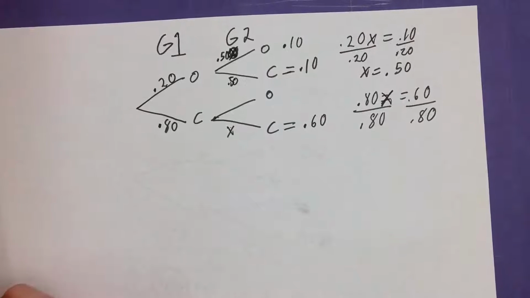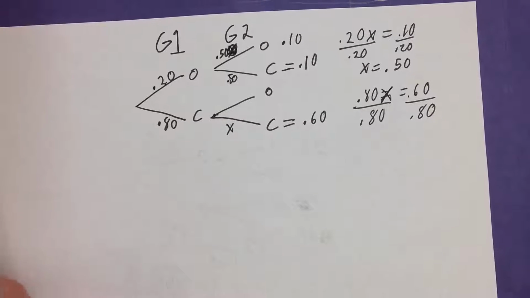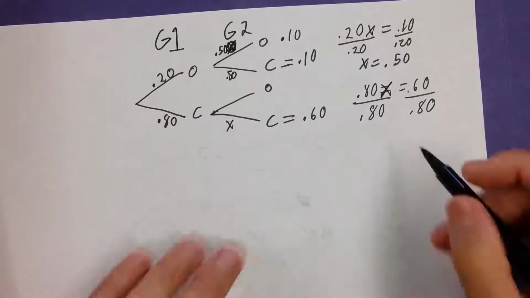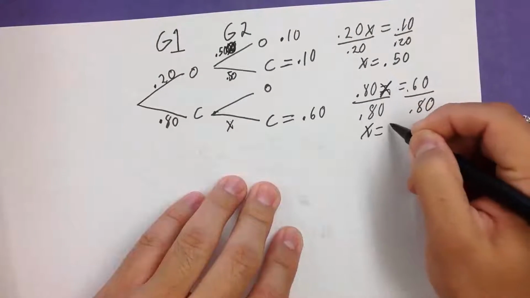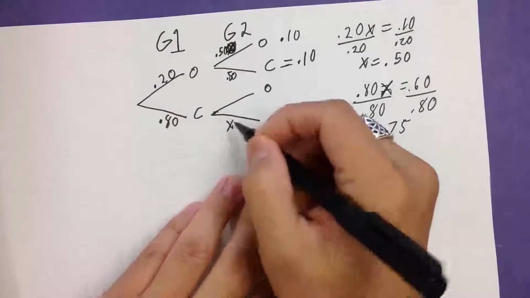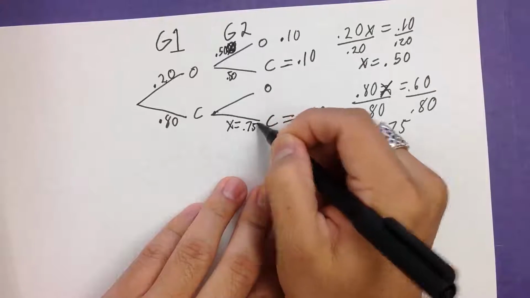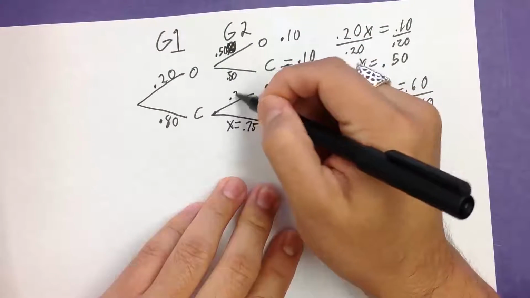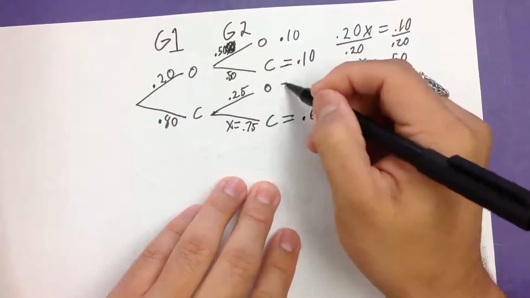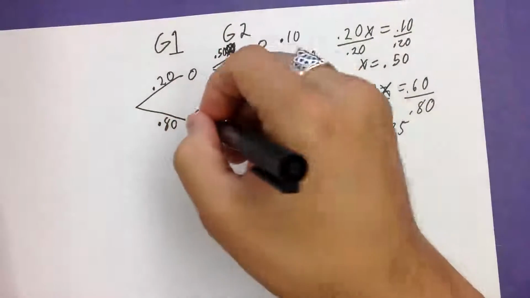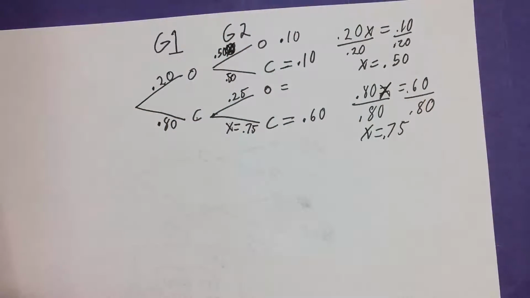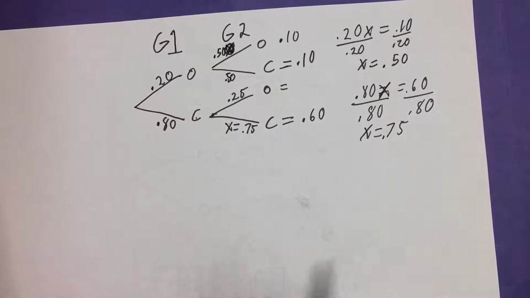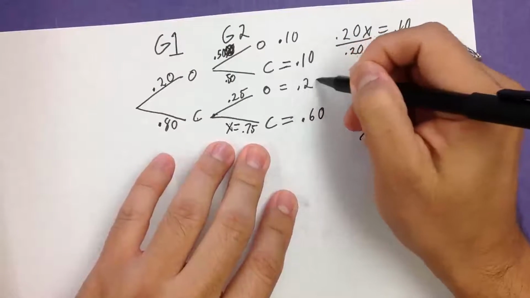So let's see, 0.60 divided by 0.80 would be 75%. And then of course this would have to be 0.25, so the ending probability that we're going to end up with a closed open would be 0.8 times 0.25, 0.20.